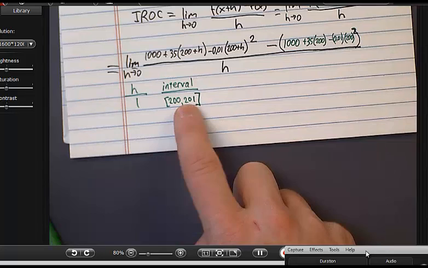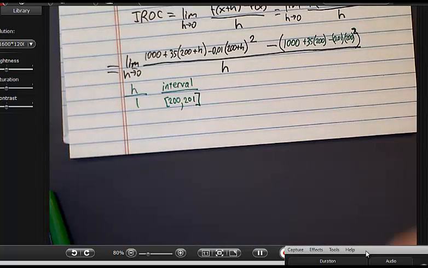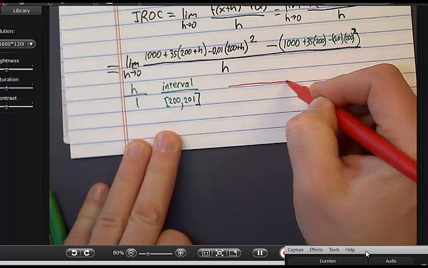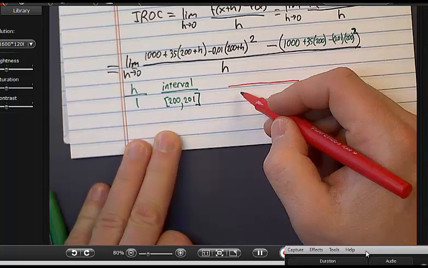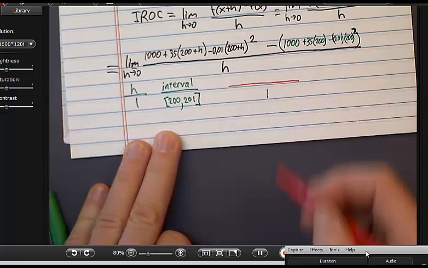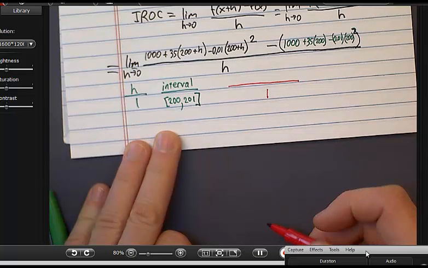In other words, what we're going to compute, if we do this example, is 201 minus 200, the denominator this time is 1, because the denominator is always h.